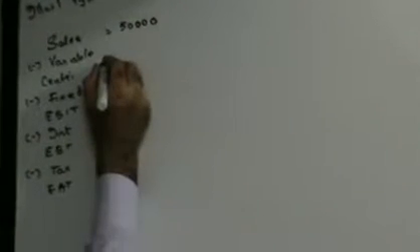Sales less variable cost will give you contribution, less fixed cost will give you EBIT, less interest will give you EBT, less tax will give you EAT. Right? Now let's see this. Sales is given to you as 50,000.